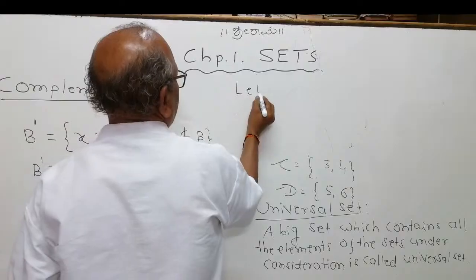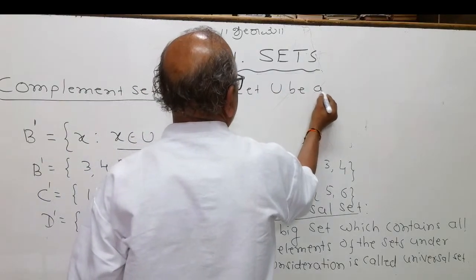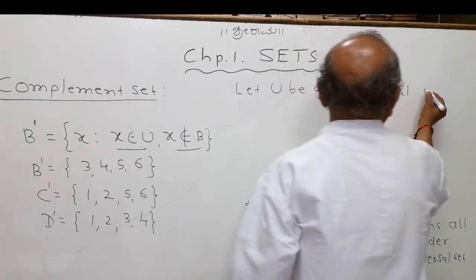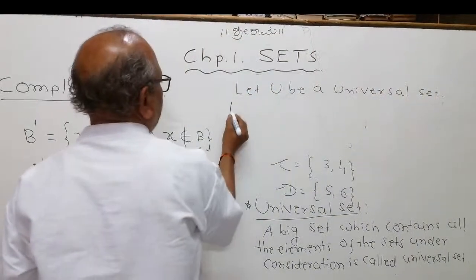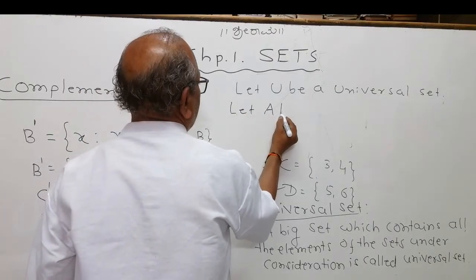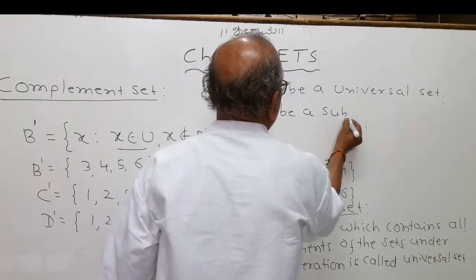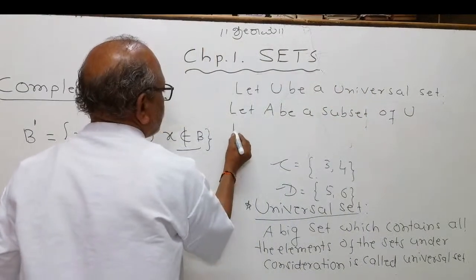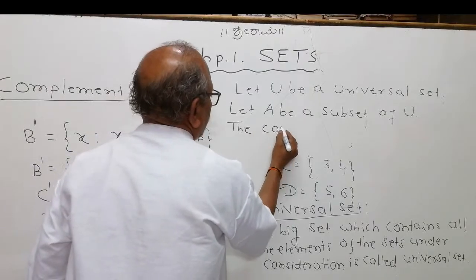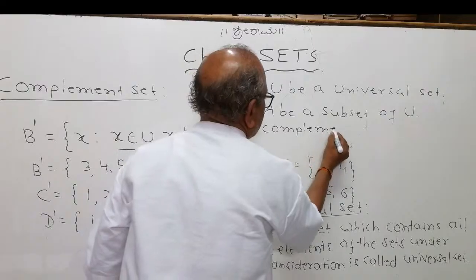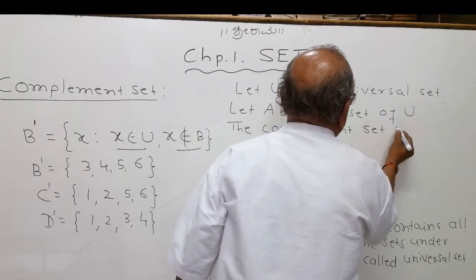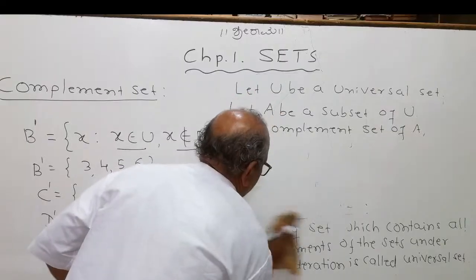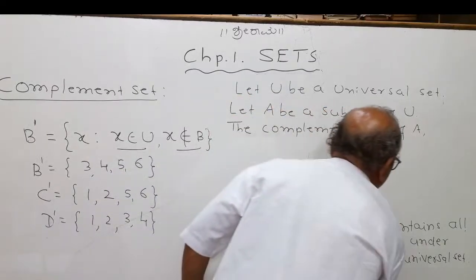Let U be a universal set. Let A be a subset of U. The complement set of A is represented as A dash.